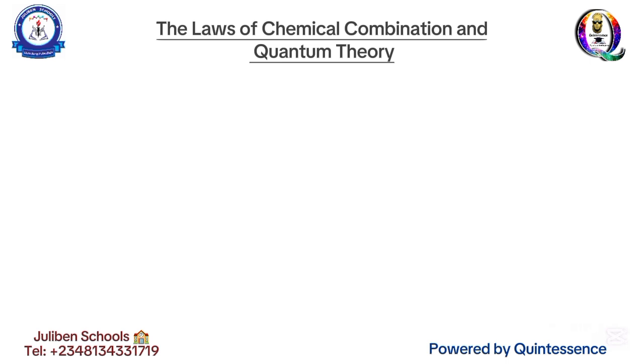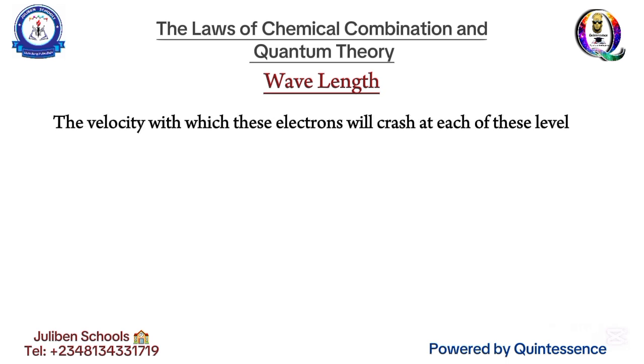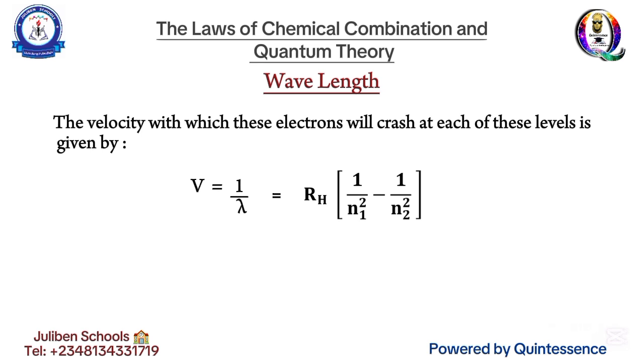And then that takes us to the wavelength. These electrons fall with a given wavelength. They fall with a given velocity. So the velocity with which these electrons will crash at each of these levels is given by the reciprocal of lambda, which is the wavelength, which is equal to Rydberg's constant, open a large bracket, 1 all over the square of N1 minus 1 all over the square of N2.